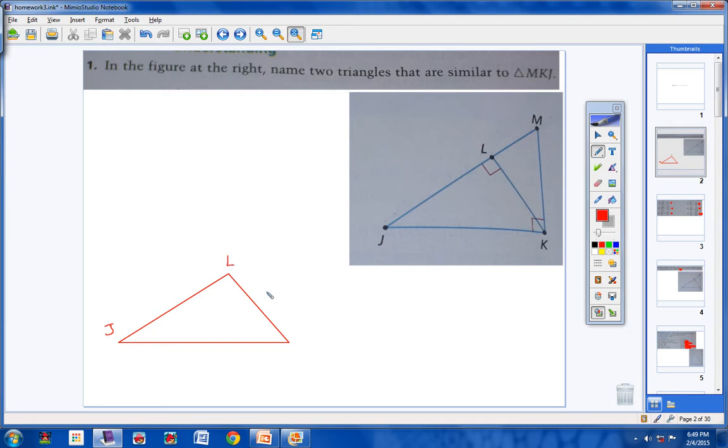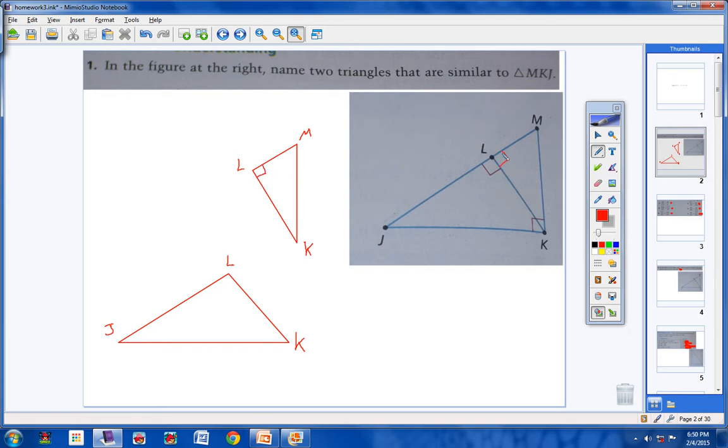So J, L, K, alright? And now let's copy our little triangle here. And we'll pull this right here, I guess. Maybe right up here. And we'll label that L, M, K. Of course, there's a right angle here.